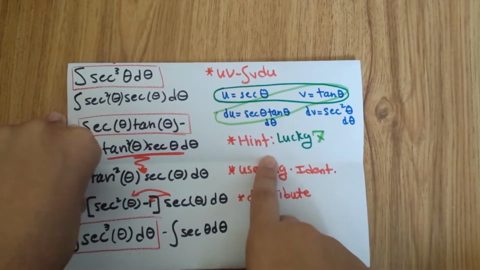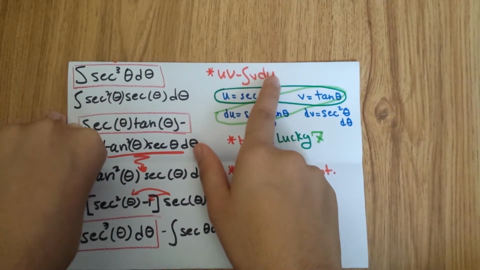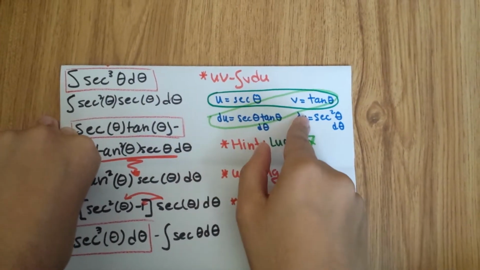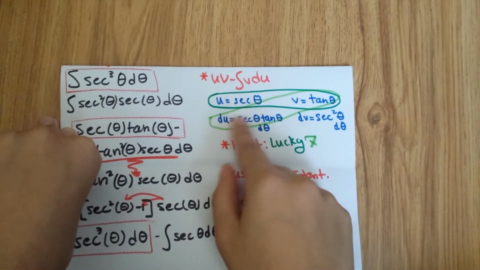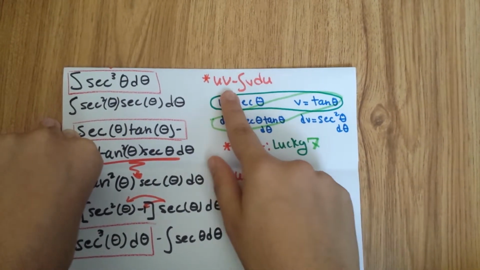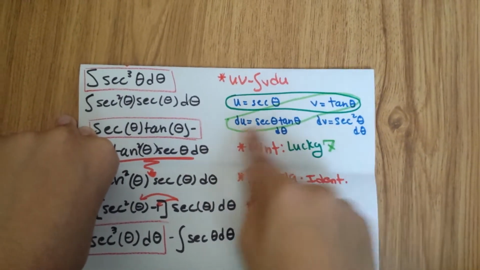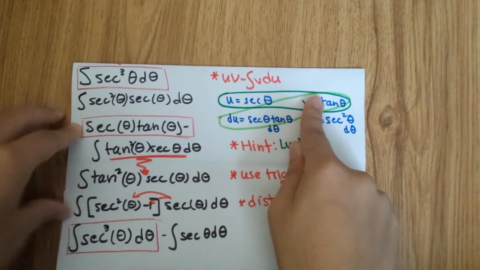Now here's a really good hint. If you cannot remember this formula, if you put your u's and v's in this order, du's and dv's as well, then you can just circle around, just like the stroke of a 7, and you will get the first two terms.